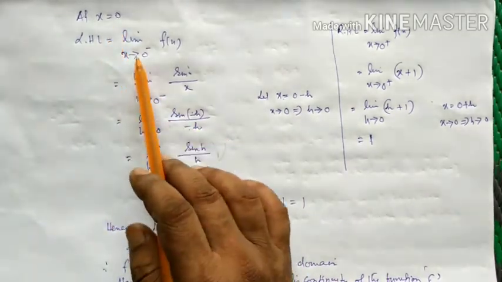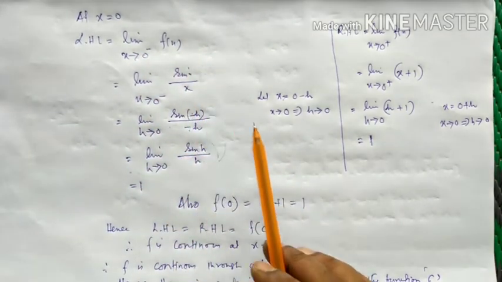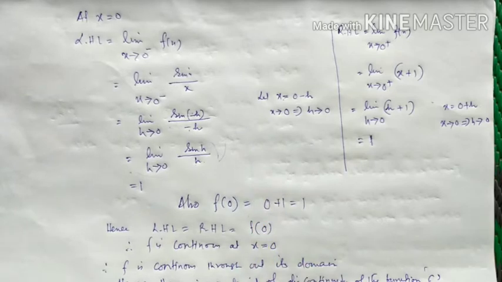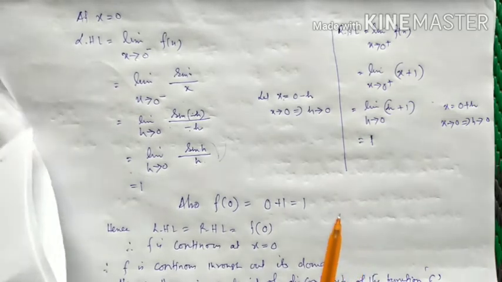Now at x equal to 0, the left hand limit: limit x tends to 0 minus f(x). And when x tends to 0 minus, what does it mean? x is less than 0.